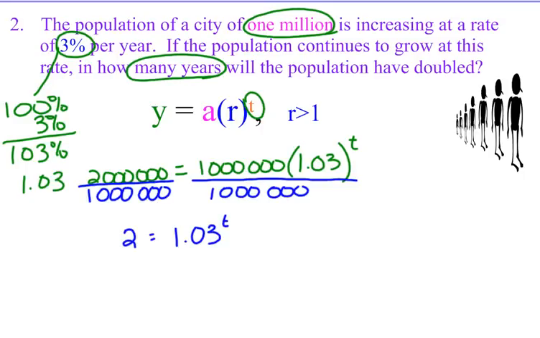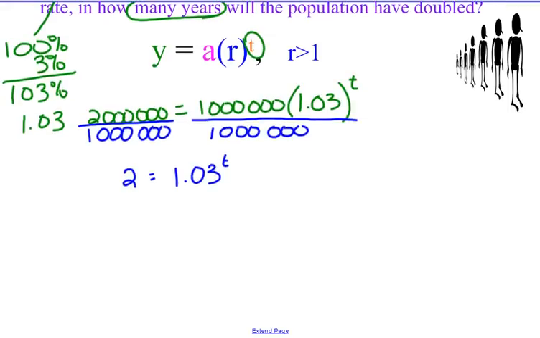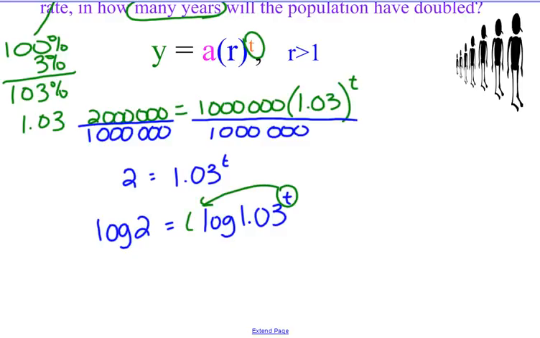Now I'm thinking I can't make 2 and 1.03 be the same base. So what I'm going to do is take a log to both sides. So log of 2 equals log of 1.03 to the t. And then, because I'm in log form here, I can use my power rule, and I can put that t out in front.